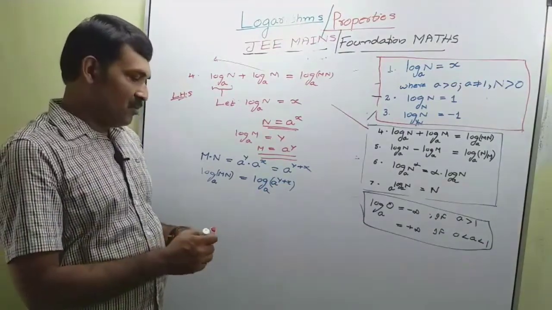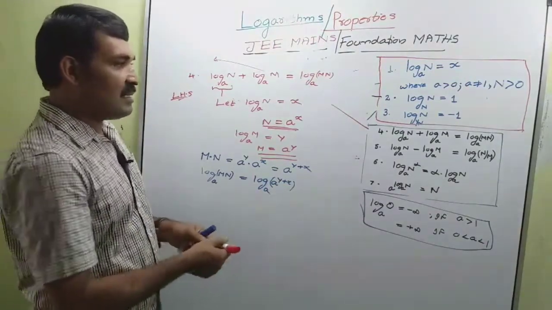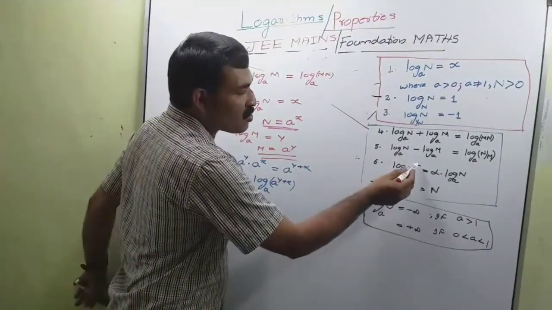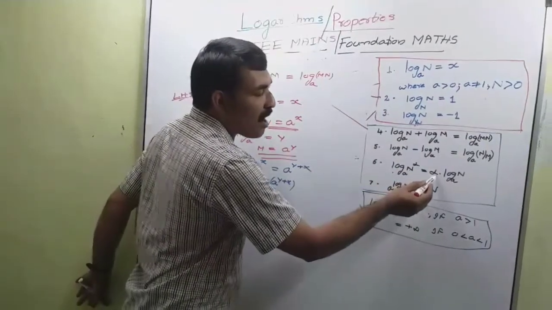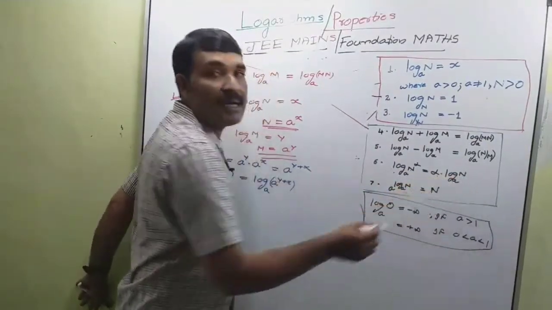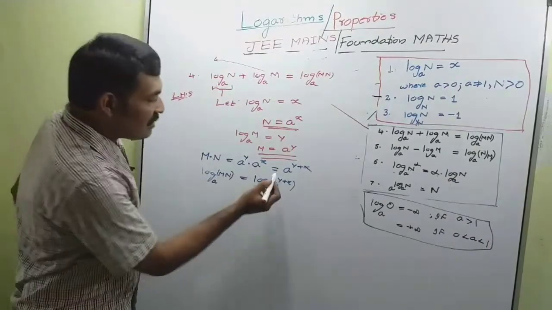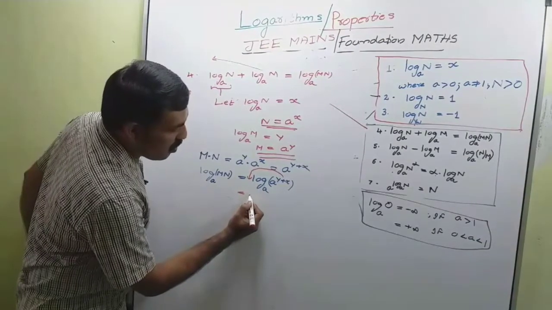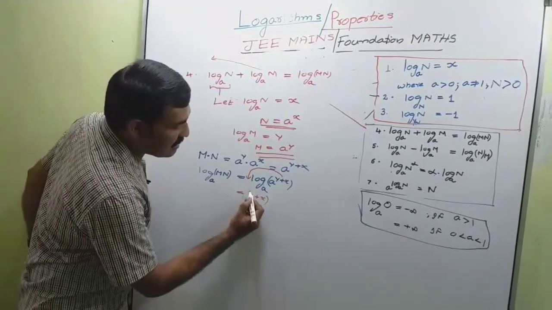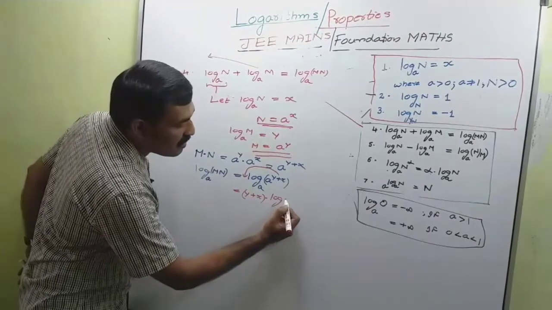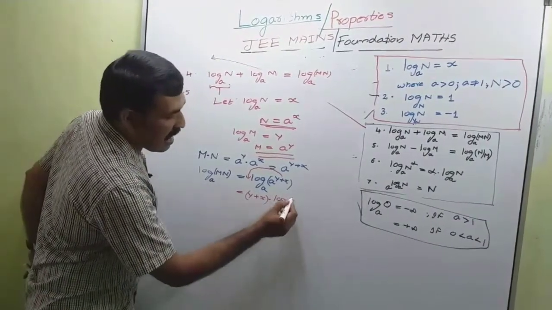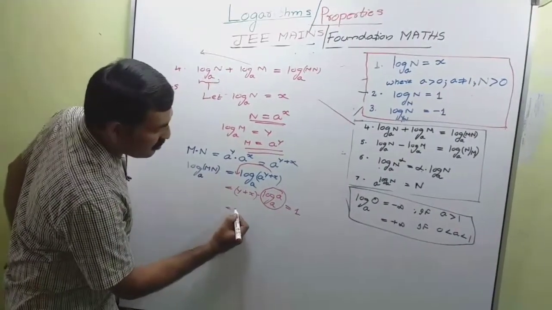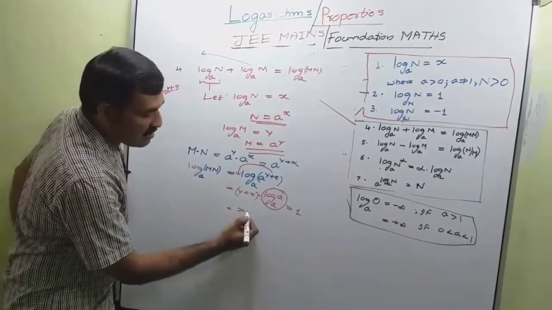Now using the sixth property, that is log n raised to alpha to the base a is equal to alpha times log n to the base a, that we will prove, this y plus x will jump to here. So this is equal to y plus x times log a to the base a, and value of this term is equal to 1. So this is equal to y plus x, that is x plus y.